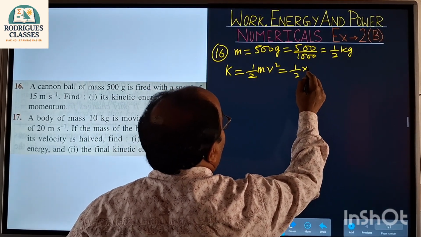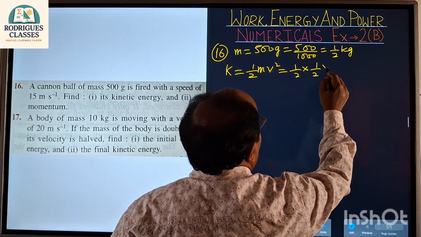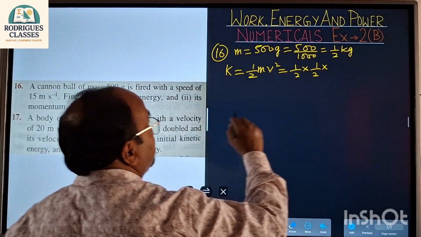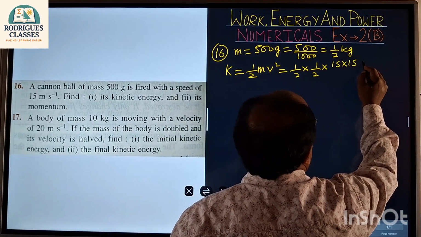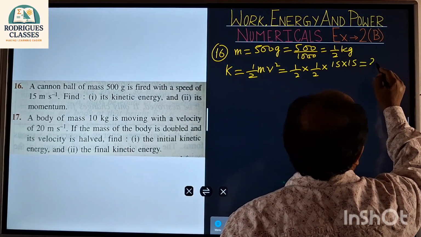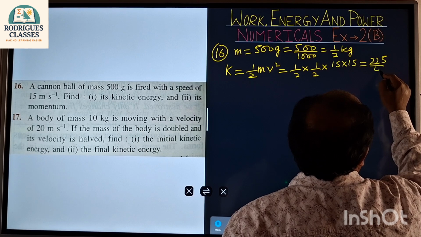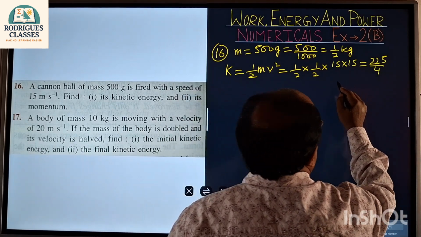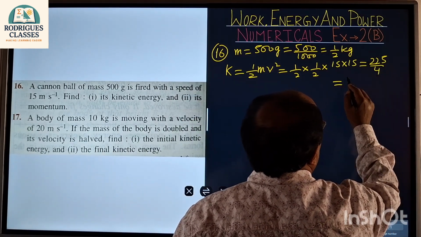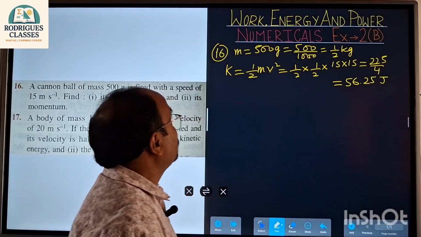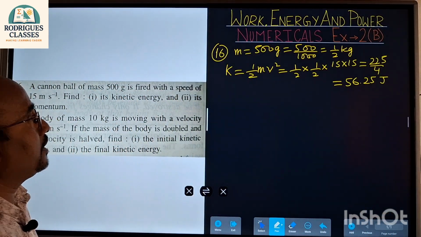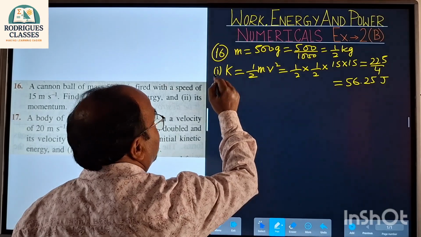So half into mass is half kg and velocity is 15 meter per second. So 15 into 15. So that will give me 225 by 4. So which will give us, as all dividing it, you will get 56.25 joule. So this kinetic energy part we have got. This is the first part done.